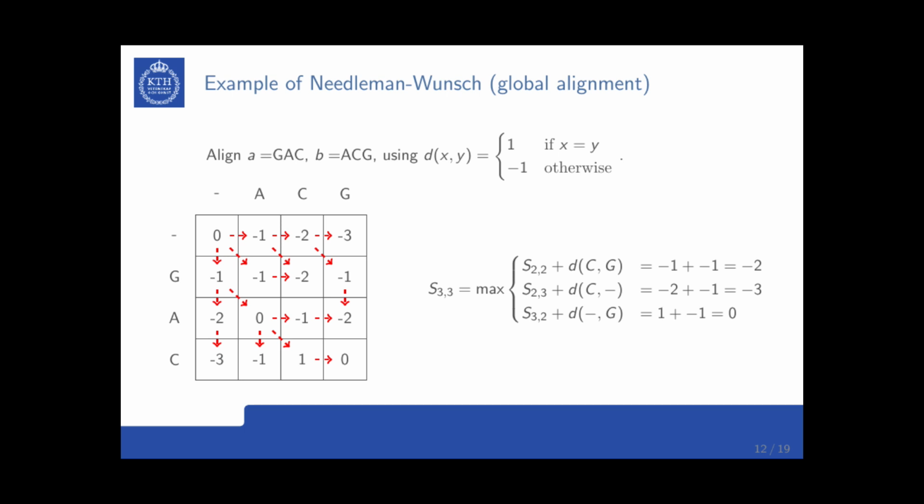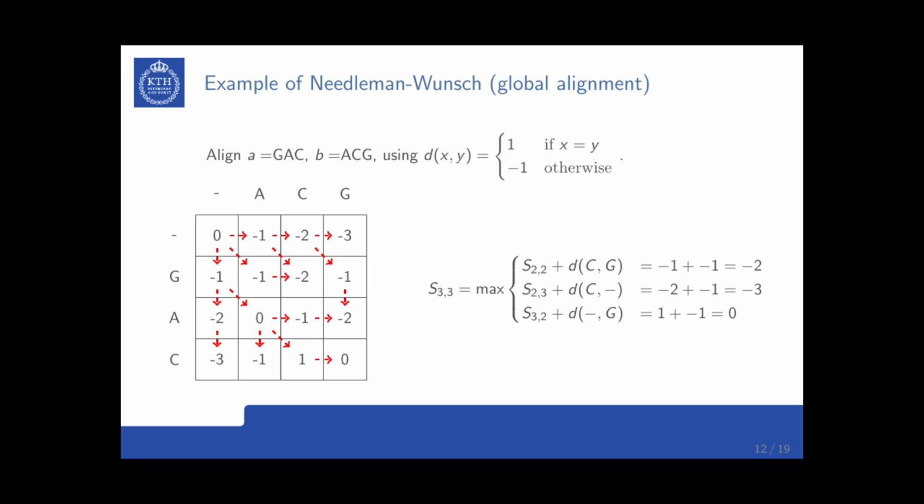S33 is defined now by either moving diagonally from a -1 with a mismatch, and that gives you a -2, or you move there vertically from -2 with a gap penalty, that's -3, or you move there horizontally from +1 with a gap penalty, that's 0. So horizontally it is. So the final element, S33, will be set to 0.